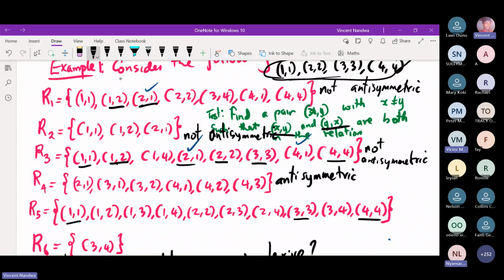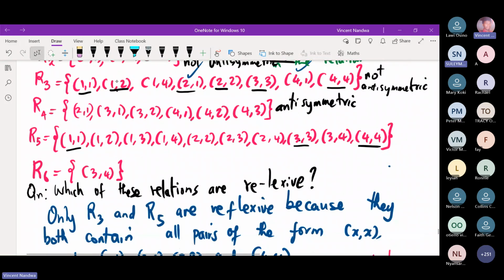No. 2, 2. There's no problem. 2, 3. Is there a 3, 2? No. 2, 4. Is there a 4, 2? No. 3, 3. There's no problem. 3, 4. Is there a 4, 3? No. So 4, 4. There's no problem. So what's the verdict? So R5 is antisymmetric, correct.